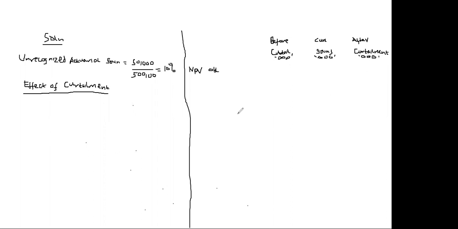So the first item is net present value obligation. So before the curtailment, we were told that the net present value was 500,000. So that is 500 from the problem. Then we had a liability there of 50.